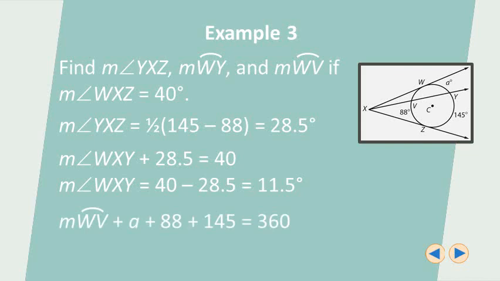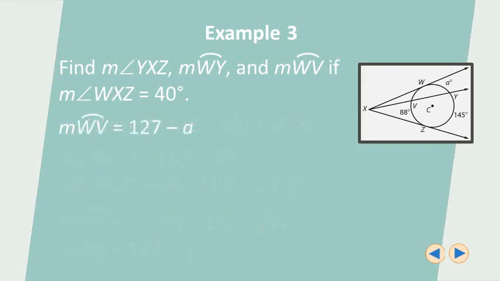So what this is telling us is that the measure of WV has to be, with A plus 88 for arc VZ and 145 for arc YZ, all of that together has to equal 360 degrees. So therefore the measure of arc WV has to be 127 minus A. So again, we're continuing with the same problem.